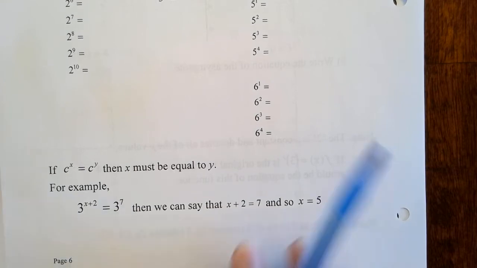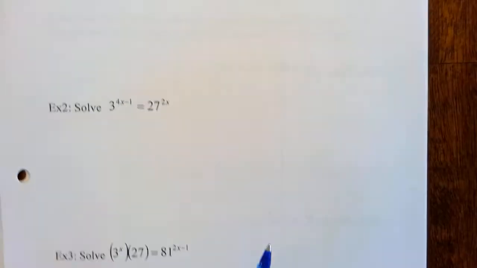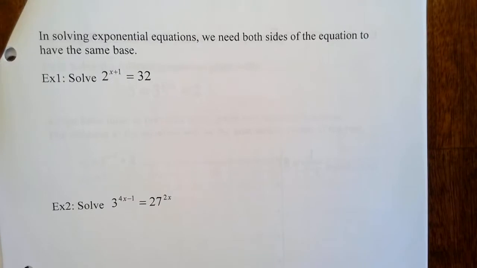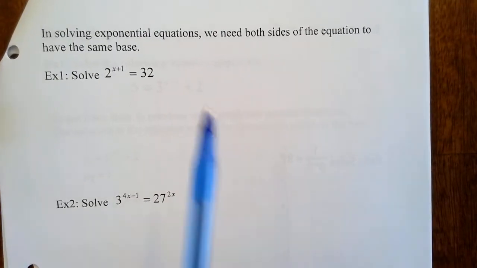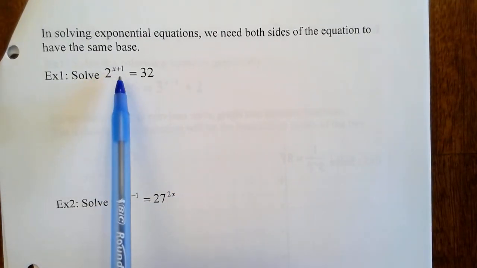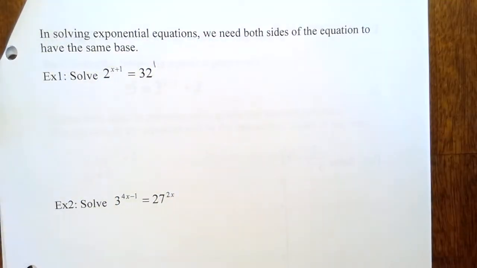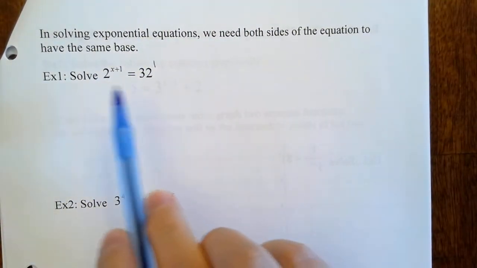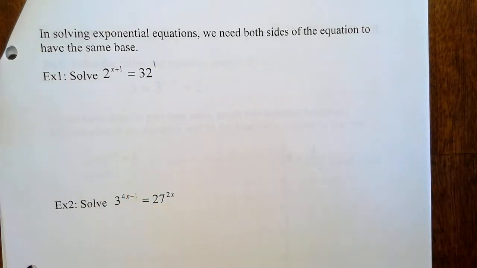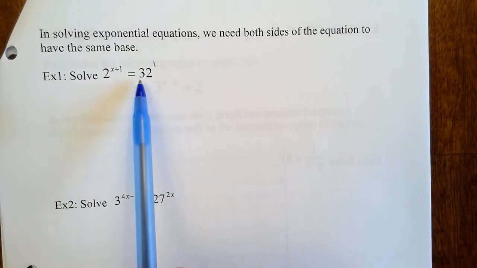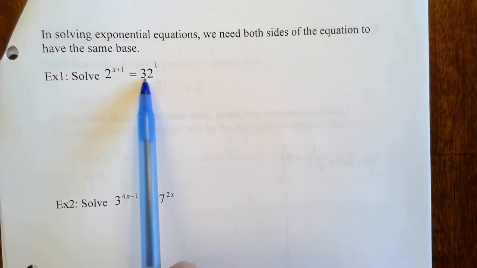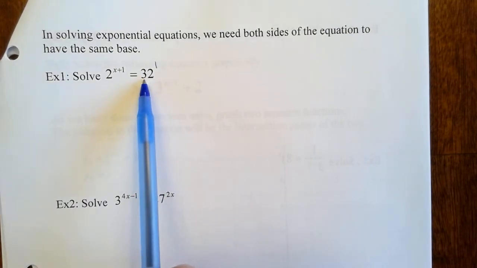All right, so let's use that, and let's go a little harder now. 2 to the x plus 1 equals 32. Now, 32 kind of has an exponent of 1, right? But my bases are different. So I can't really deal with that, except that I can recognize that 32 could have a base of 2.